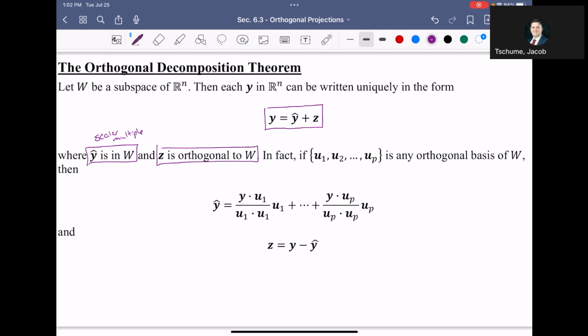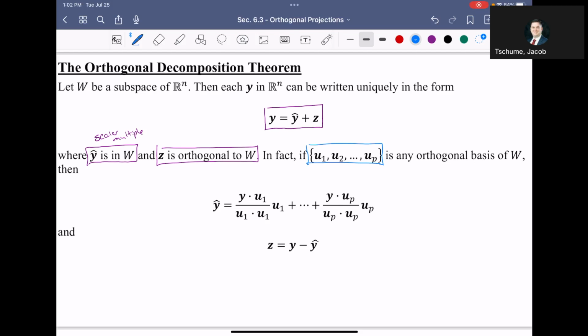And then, as we also talked about in the last video, if you have multiple vectors, we can say that they will be an orthogonal basis of W. If you recall, an orthogonal basis comes from the idea of an orthogonal set, where each pair of distinct vectors has an inner product of 0.